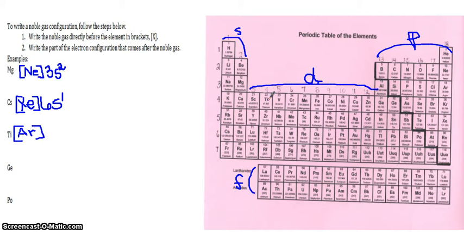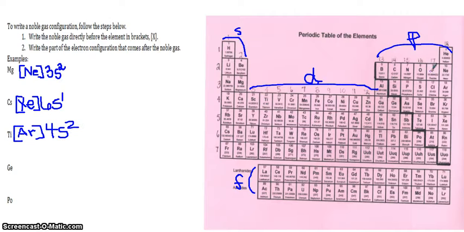Now, titanium is a little bit different because to get to titanium after argon, we actually have to go through the S and into the D. So I can't ignore the fact that after argon, I am in the 4s, and I go through 2 spots. So I have to write down the 4s2. And then I get to titanium.